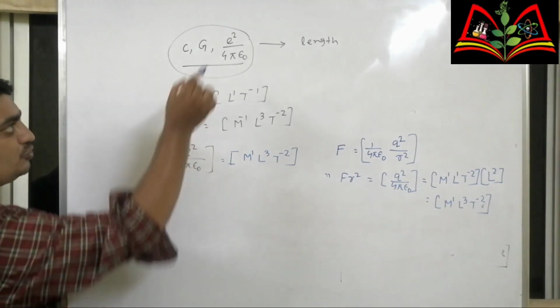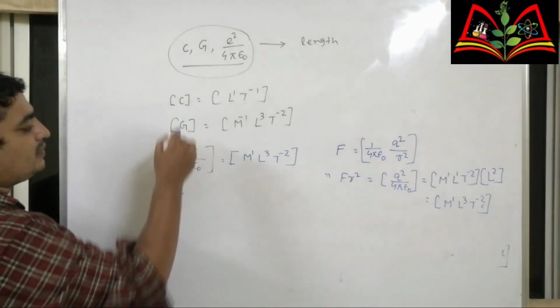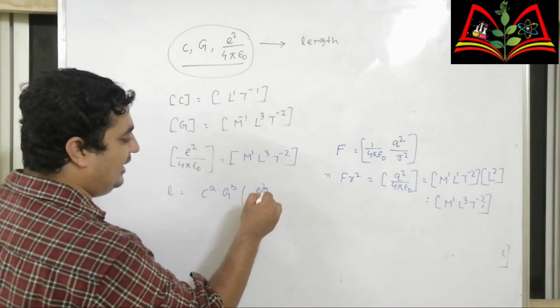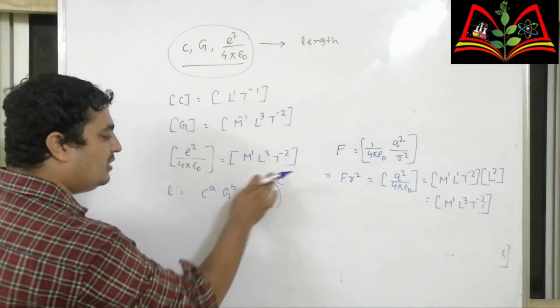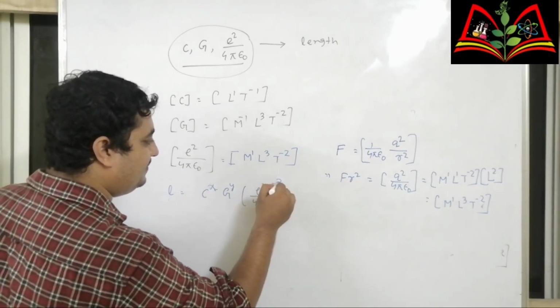Now let length equal to C to the power A, G to the power B, E square by 4 pi epsilon naught to the power C, or take it as x, y and z.